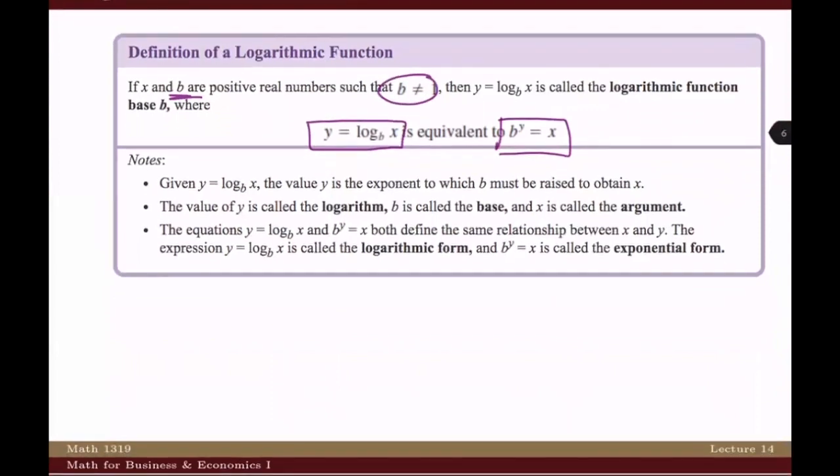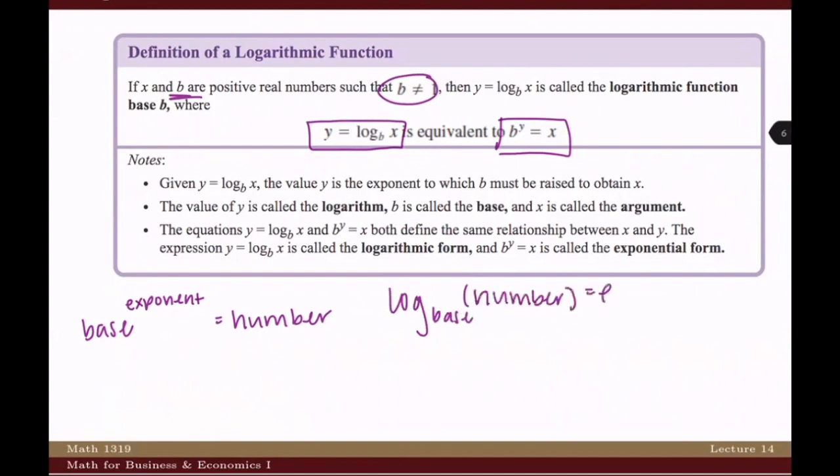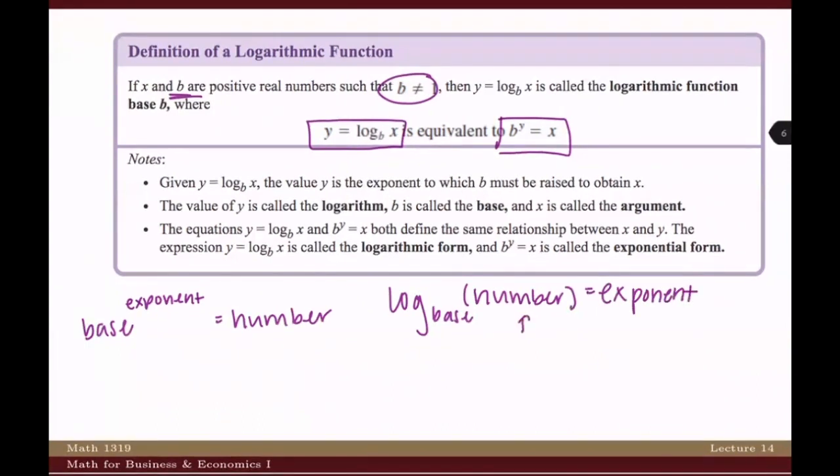So basically, I like to think of this as if you have some base, it has an exponent, and it's just equal to some number. A log kind of flips these around. So you have a log, your base goes down here, some number, and it will equal the exponent to which you need to raise the base to get this number.